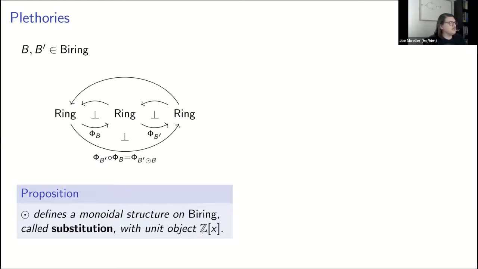So we get this monoidal structure on the category of birings. The unit object is polynomials, because the lift of polynomials is the identity functor on rings.